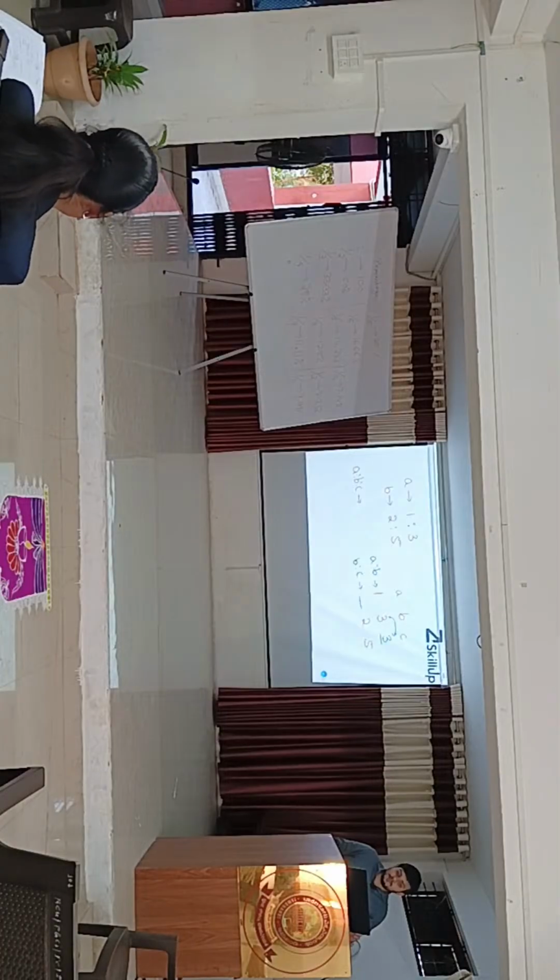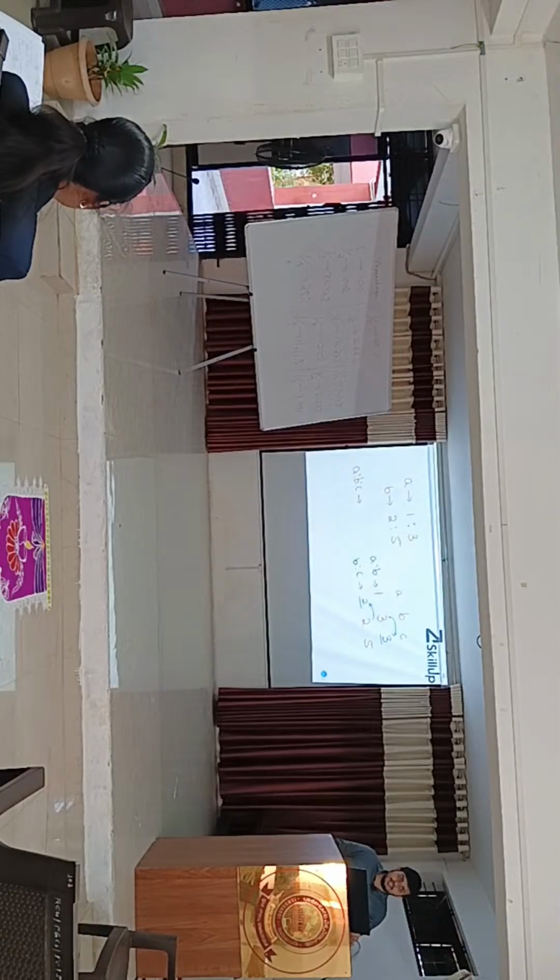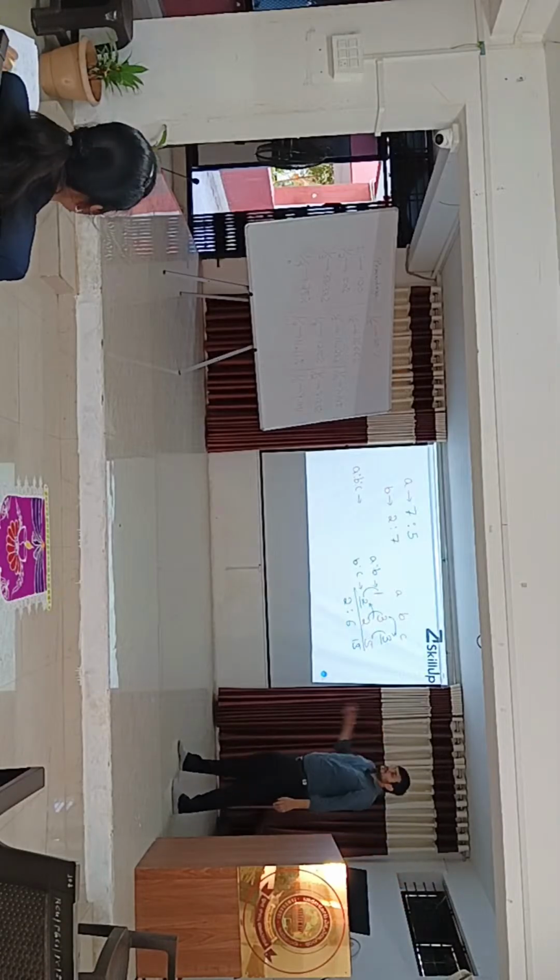So 3. What is the number which will come here? 2. Two ones are 2, three twos are 6, five threes are 15. That is your number. Solve it.